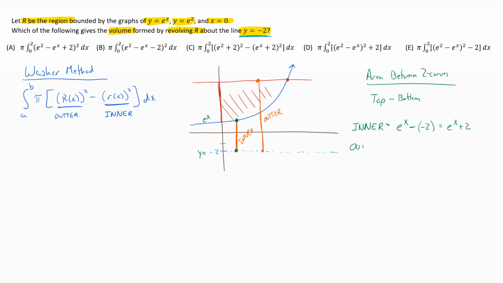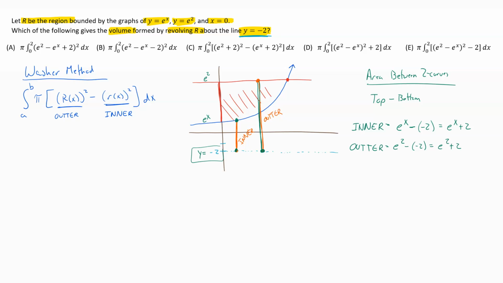The outer radius, I play the same game with. My top equation for this line right here is e squared, and the bottom is still y equals -2 down here. So I do minus a -2, and I end up with e squared plus 2.